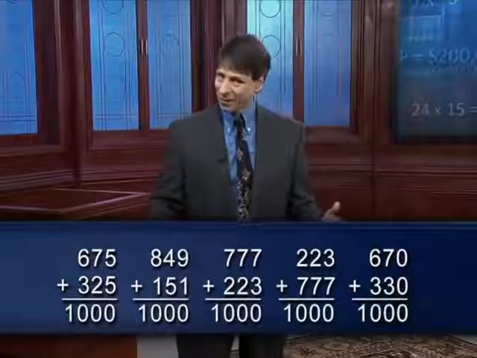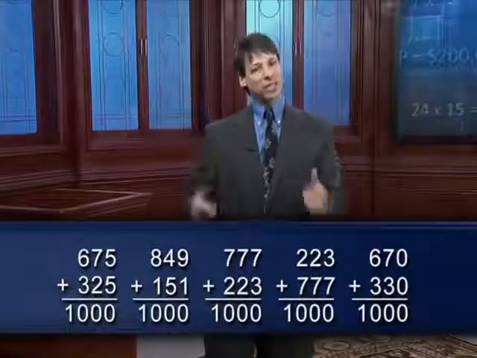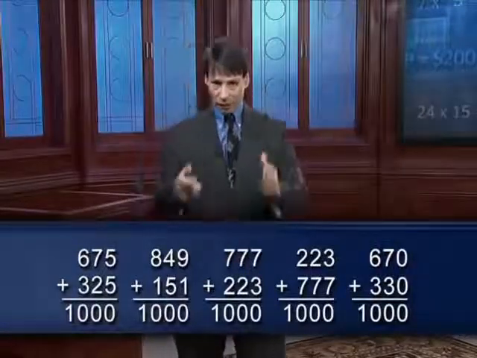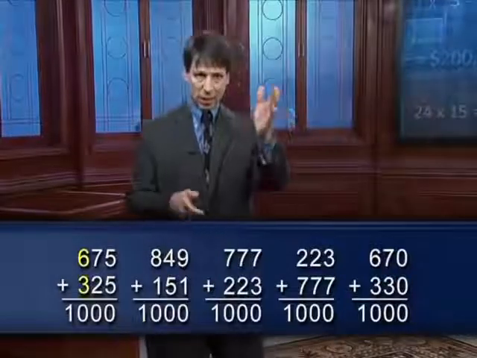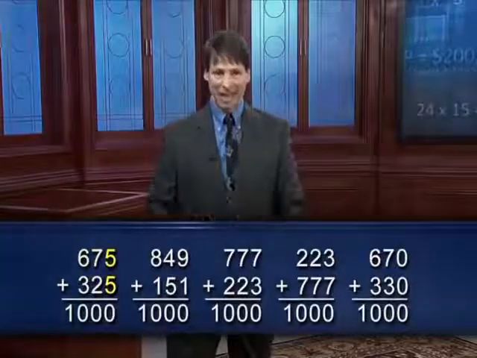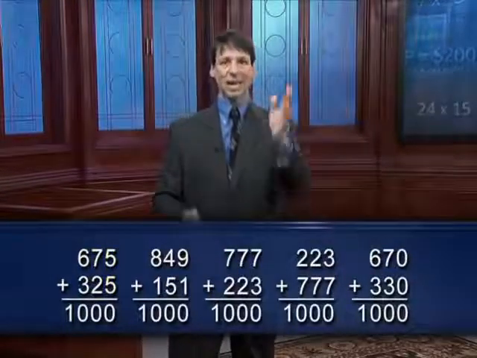Do you see the pattern? The complement of 675 is 325. And if you look at the digits, the digits on the left, 6 plus 3 is 9. Then the middle digits, 7 plus 2 is 9. And the digits on the right, 5 plus 5 is 10. They add up to 9, then 9, then 10.